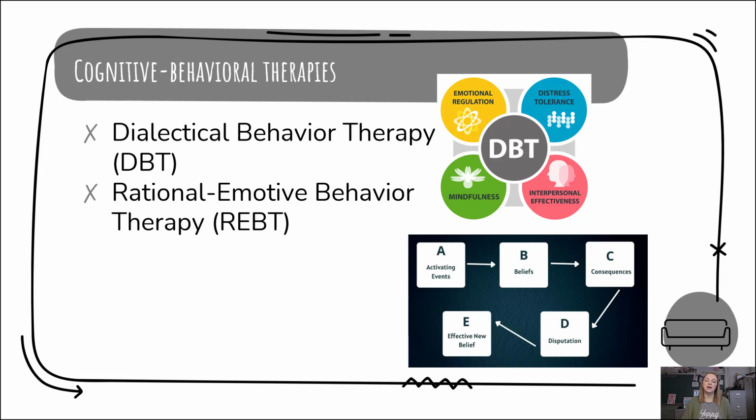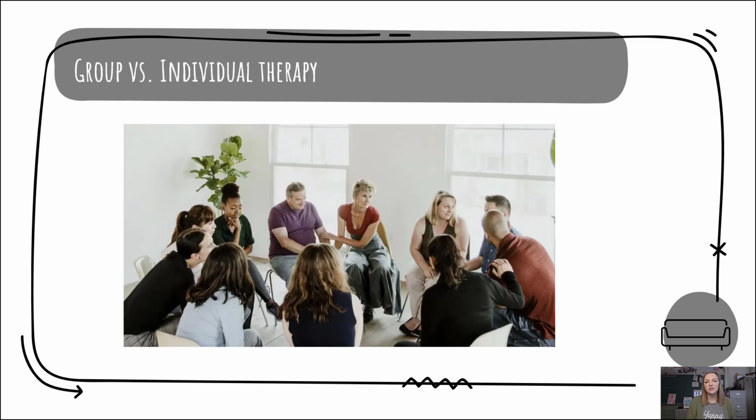Next, you have to develop rational alternatives, which is formulating and adopting healthier beliefs that lead to positive emotions and behavior. And finally, there's behavioral interventions, which is where we engage in activities that reinforce rational beliefs and promote adaptive behaviors.